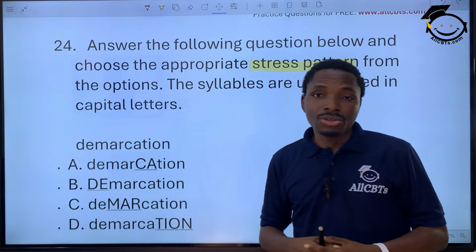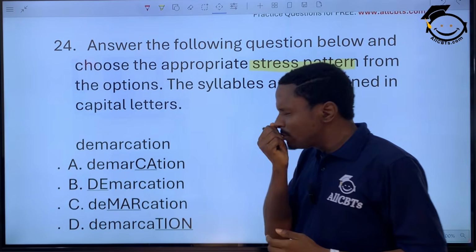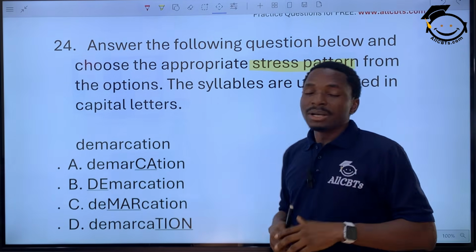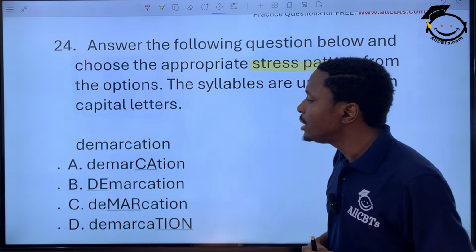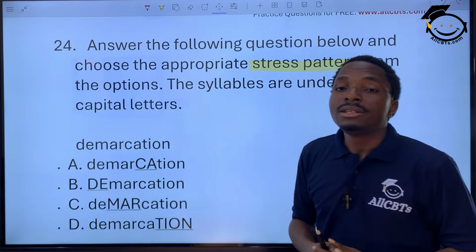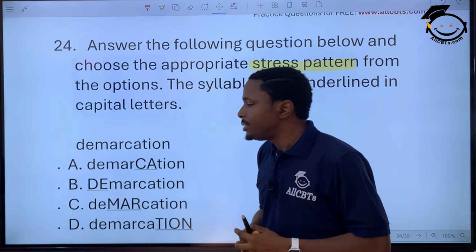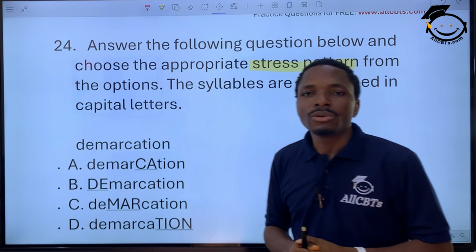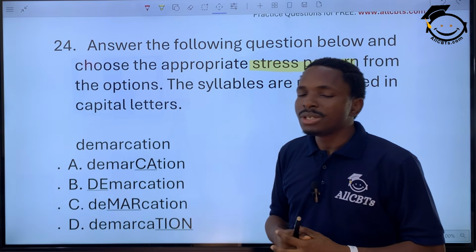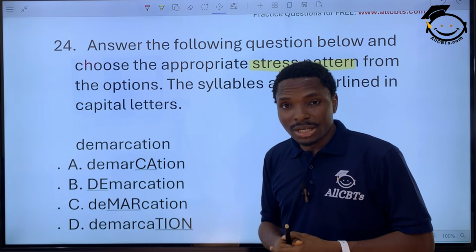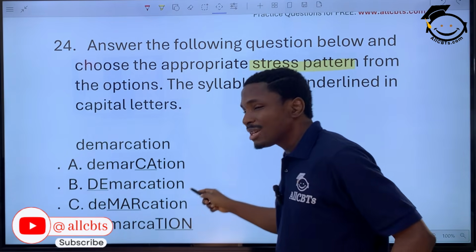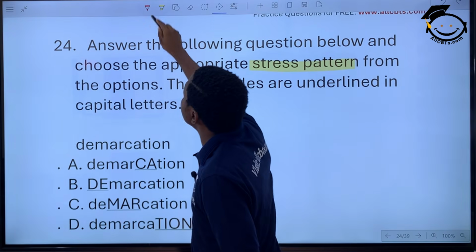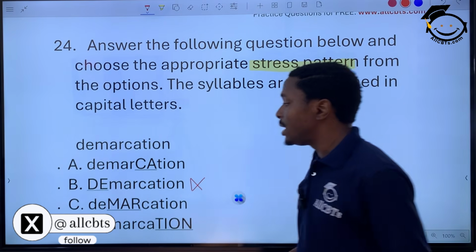Then option B. No, that doesn't even sound like demarcation, so we can cross this out. It's elimination method.